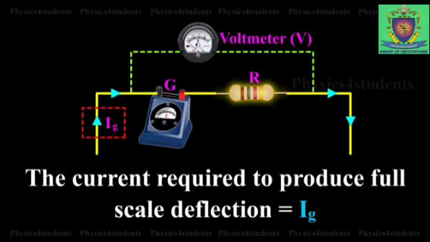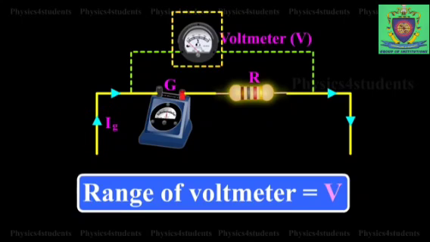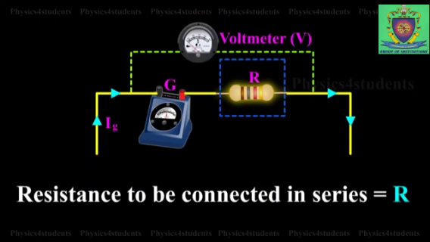Let me take G as the galvanometer resistance. The current required for full scale deflection I will take as IG. Whatever current I am passing, due to that current the galvanometer should be deflected. So that current, let me take as IG.